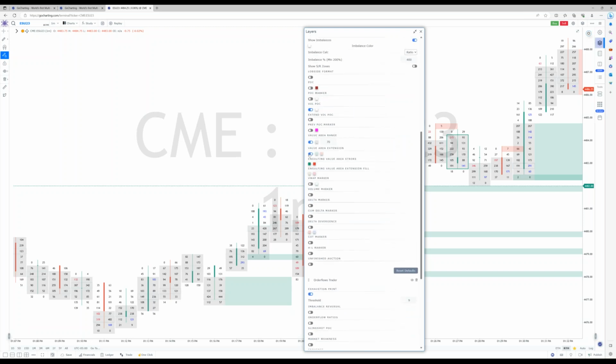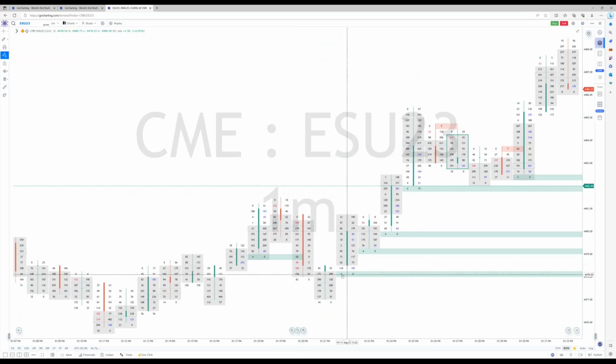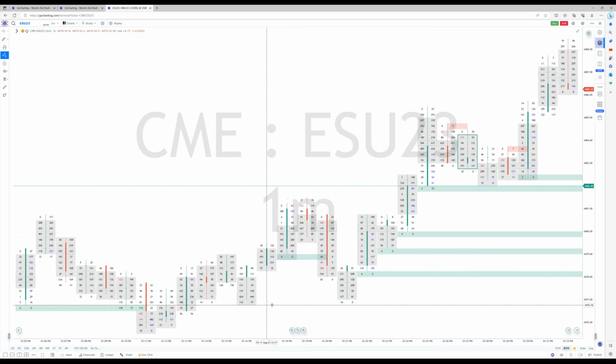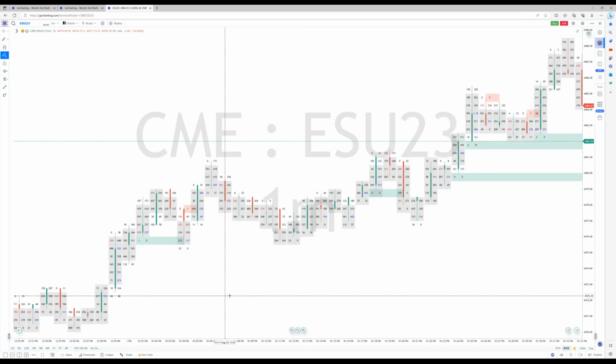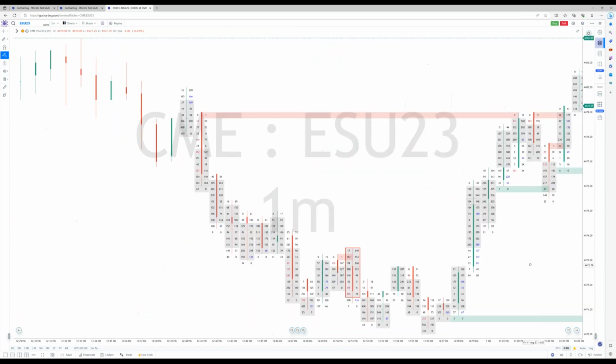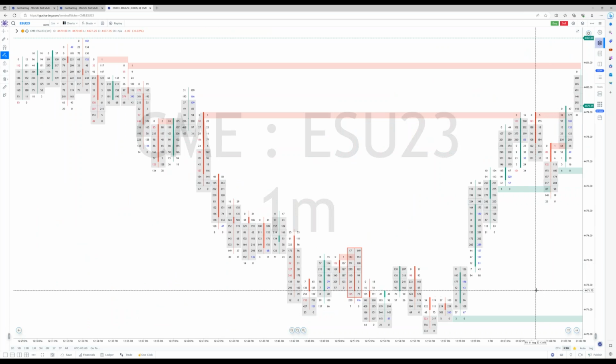Let me just turn off the value area extension here. So you can see here, exhaustion print, exhaustion print, exhaustion print. Where this can be very useful is if you're coming into a swing low, and the market starts to move up.